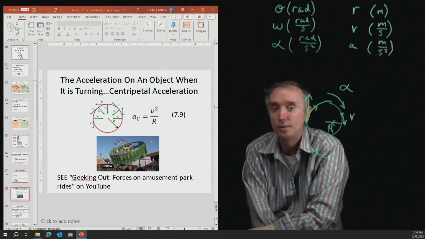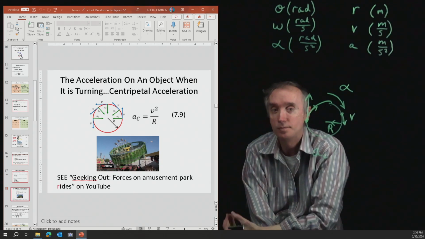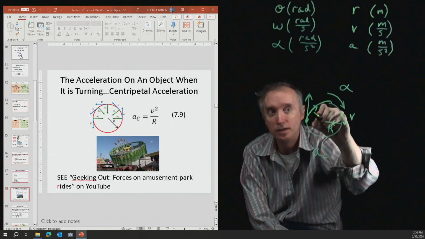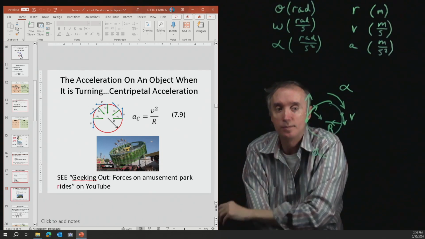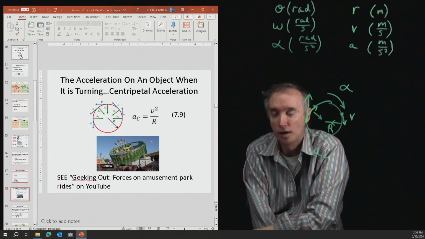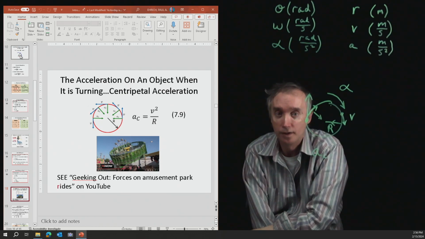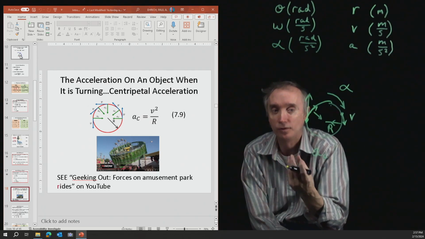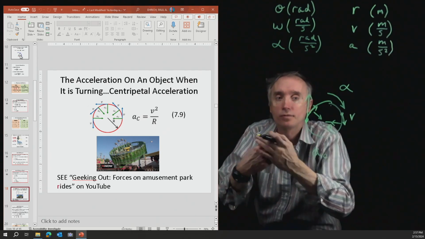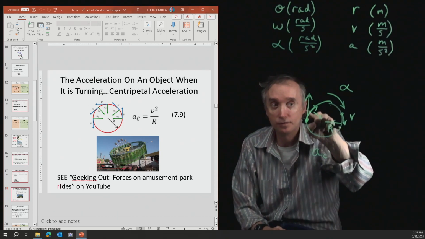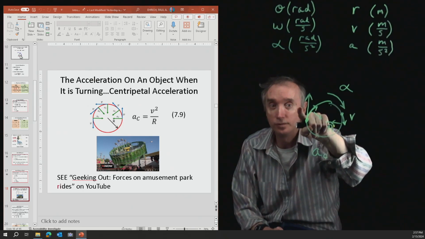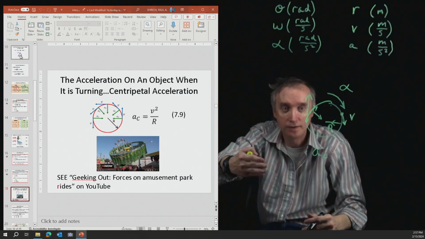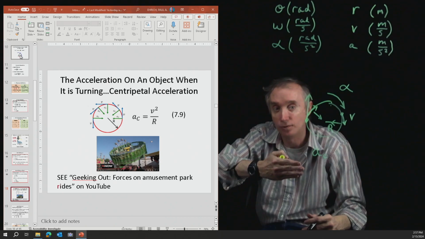That's because the car is experiencing a force, and that force is going to be inward. That's the centripetal force caused by the centripetal acceleration. Now, what do you feel though? You feel yourself being thrown outwards because of Newton's first law of motion, but you feel the door, the side of the car, pushing against you.